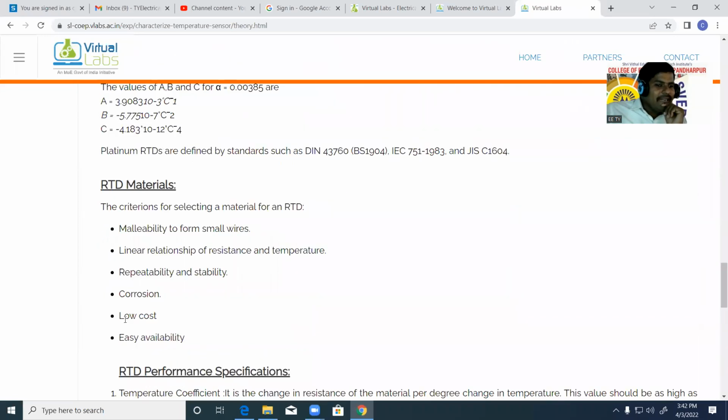Now, some criteria for selecting the RTD material. The first point is malleability to form small wire.